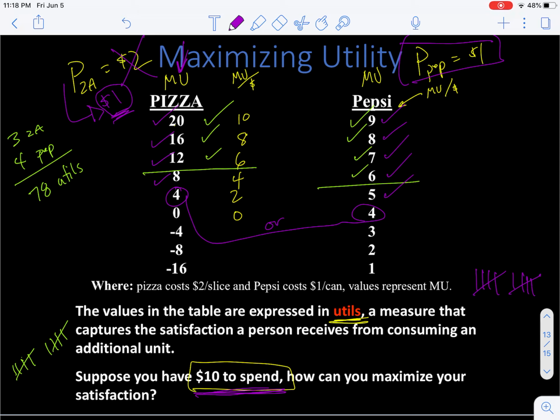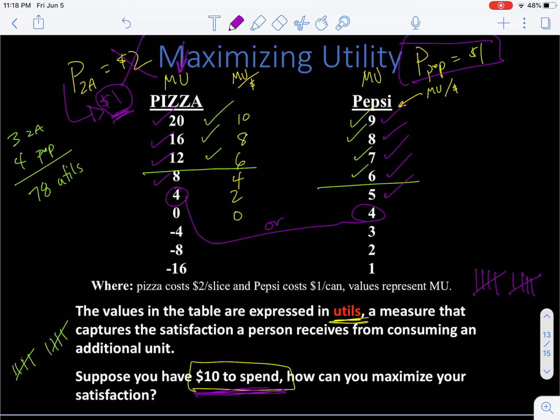And so in a lumpy world, that's why I say your bang for your buck from all the different things that you buy or consume should be about the same. So there you go. We lowered the price of pizza. At the end of the day, we consumed more pizza and we consumed more Pepsi. And so that's what I want to talk about next.